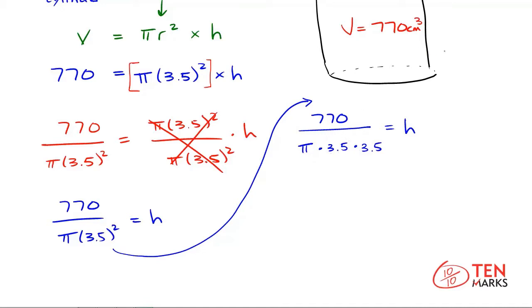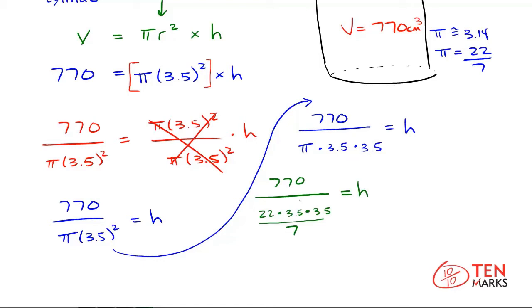Now the other thing you need to know is that pi has an approximate value of the fraction 22 over 7, and if this were a decimal, you could work with pi as a value of approximately 3.14. So I'm going to substitute that value into the denominator of the expression. And now I'm going to simplify this even further by saying that 3.5 goes into 7 two times.